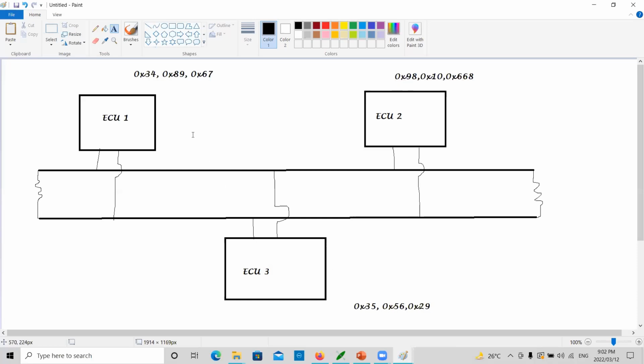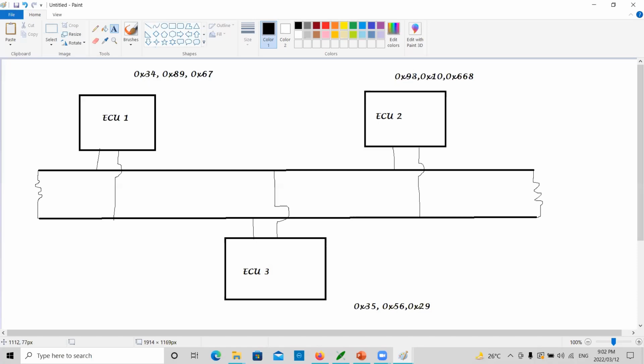Don't think that among these three messages, whichever is the lowest, in this case 34, will be transmitted, or that among these three, the 10 will jump this message and come. No, not like that. Whoever is at the top of the queue, whether it is a lower identifier or a higher identifier, that only will go to the bus when the bus is free.